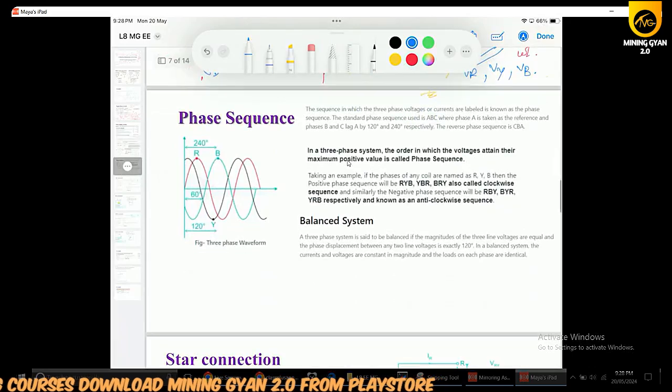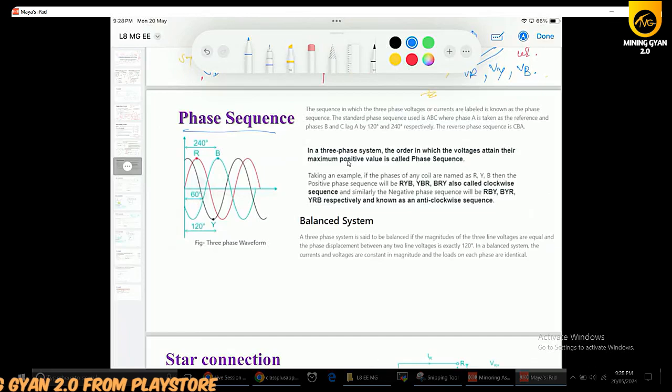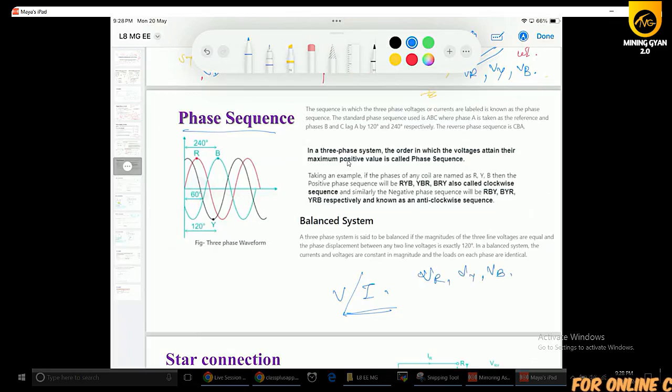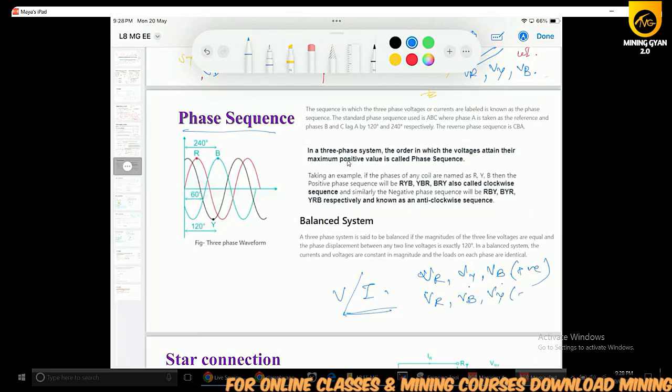Next, what is the phase sequence? Phase sequence is the sequence in which the three-phase voltages or currents are labeled. It can be voltage or current, meaning VR, VY, and VB. First R will come, after that Y, then B in a positive phase sequence. But in the case of negative phase sequence, R, then B, then Y will come.